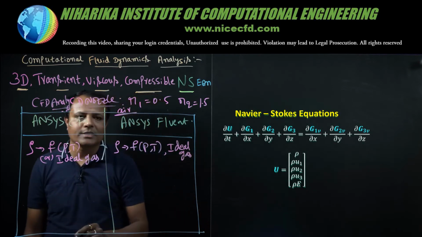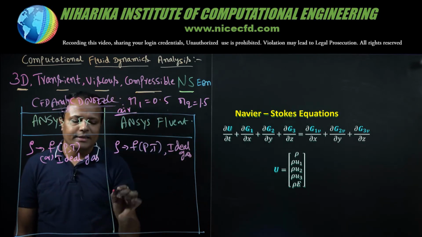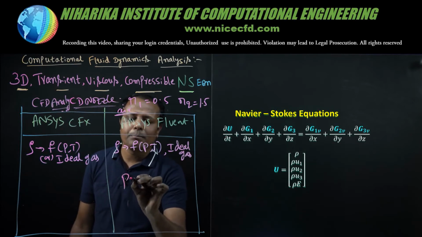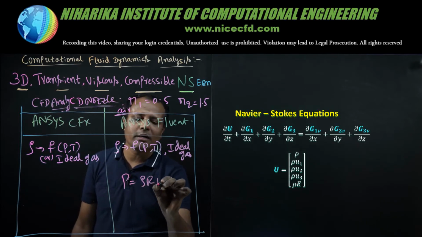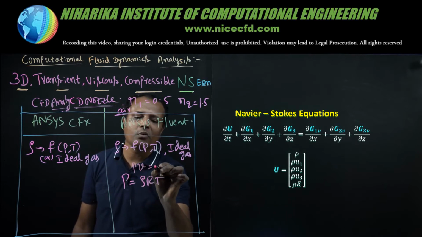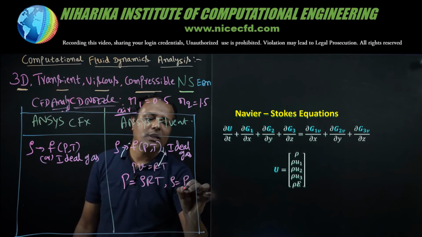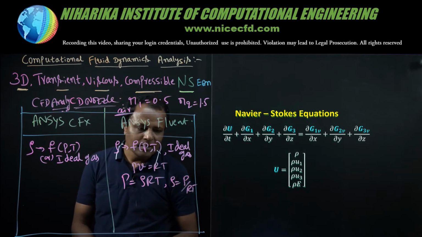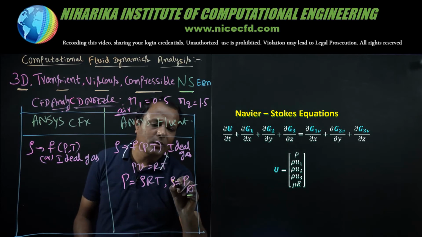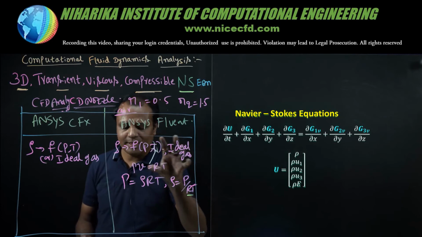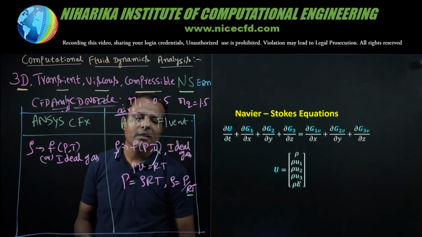Why ideal gas are we using? It is very simple. What is the ideal gas law? P equal to rho RT, correct? Or PV equal to RT, P equal to rho RT, or rho equals P by RT. Since R is a constant, your density is a function of pressure and temperature. That is the concept of ideal gas, modeling density using ideal gas.